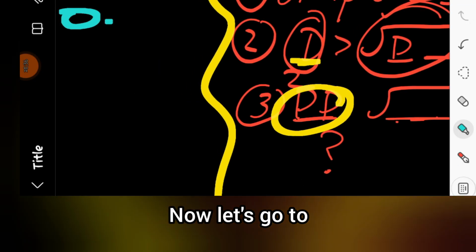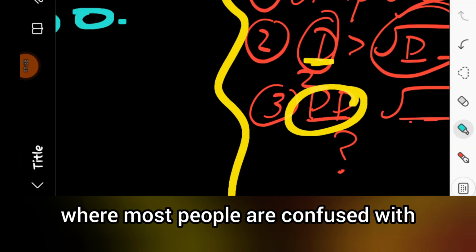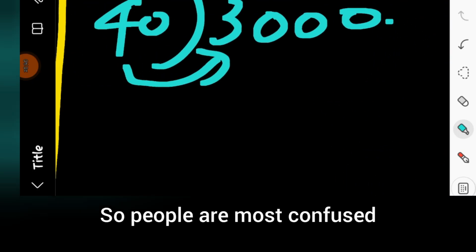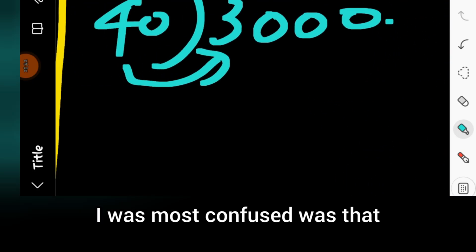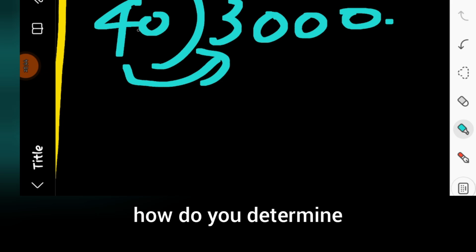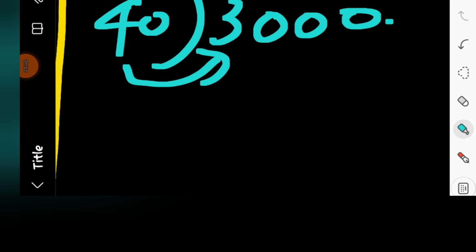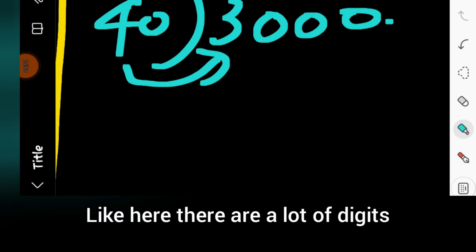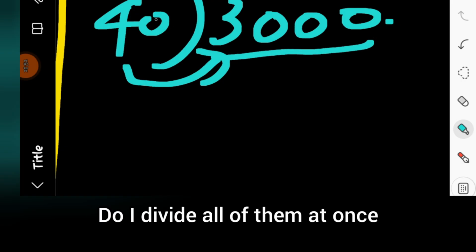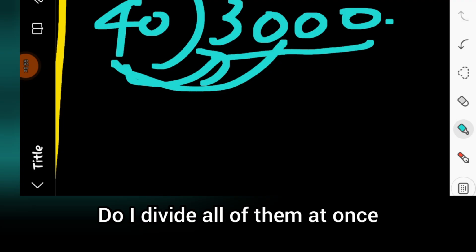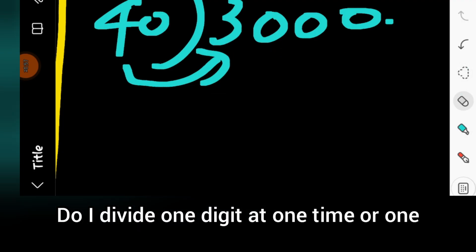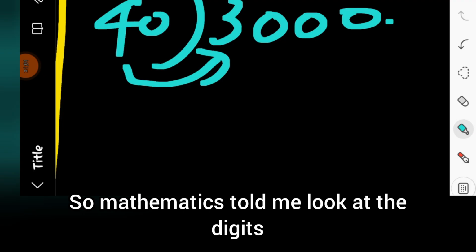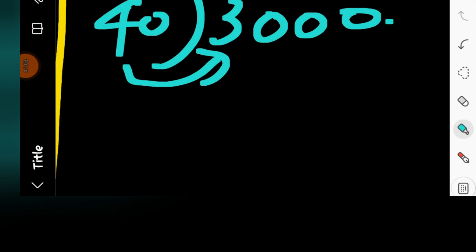Now let's go to where most people are confused. I was most confused about how to determine how many digits to divide. Like here there are a lot of digits. Do I divide all of them at once? Do I divide one digit at a time, or what? So mathematics told me to look at which digits are bigger and smaller.